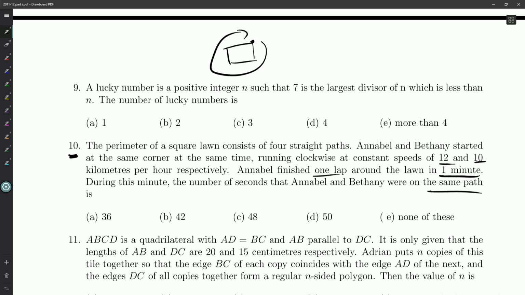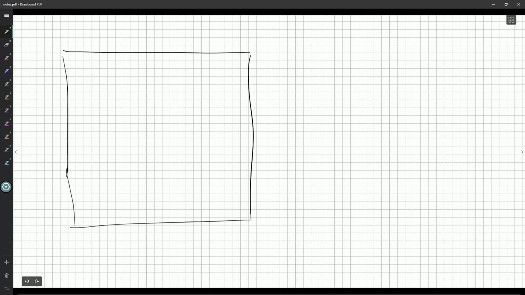So, yeah, let's draw a little bit of a picture here. Okay. So, 12 kilometers per hour. In a minute, that's a 60th of a 12th. So that should be a fifth of a kilometer in 1 minute.